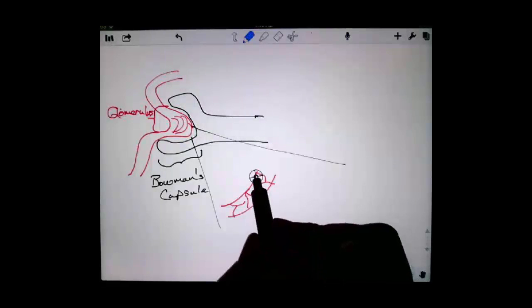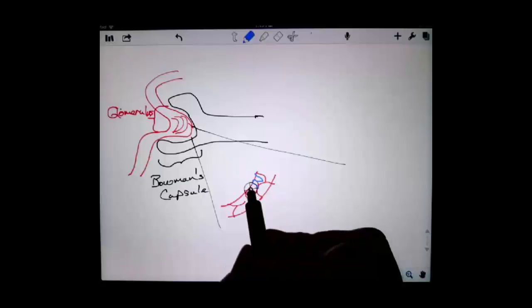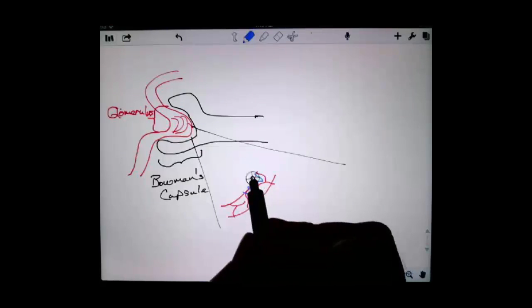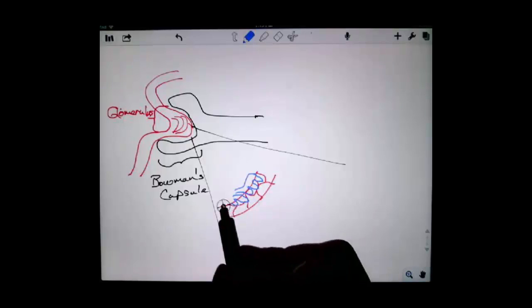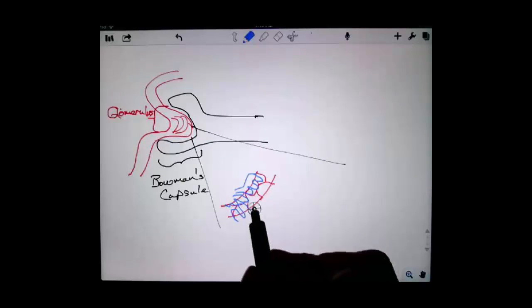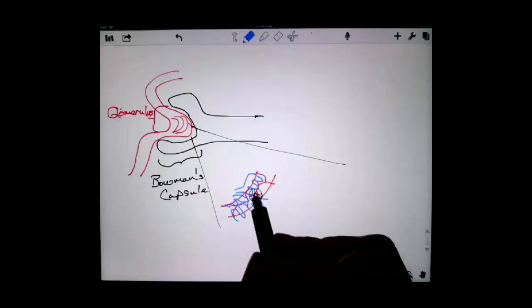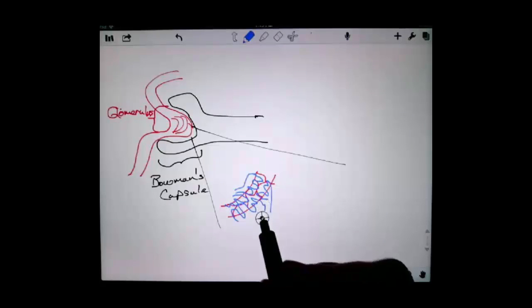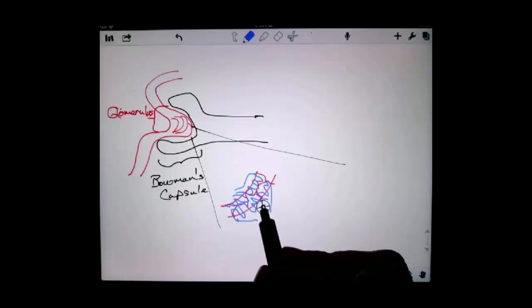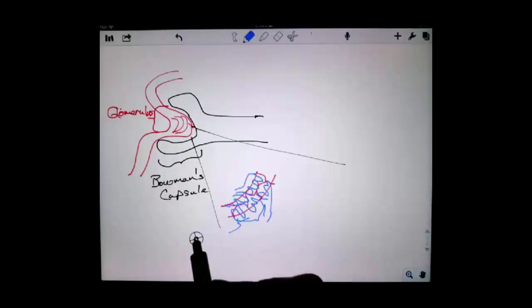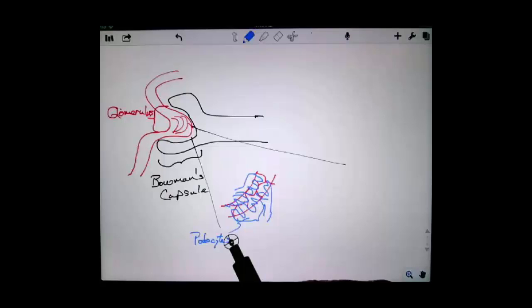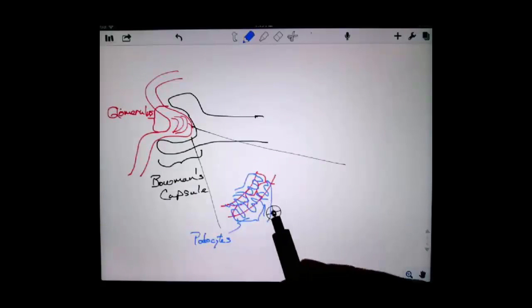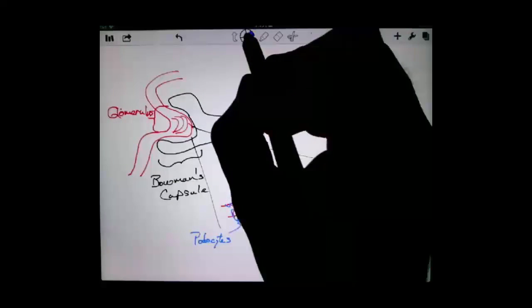And wrapped around them would be these finger-like projections coming from cells that provide some structural support and help to filter. So these are called podocytes, foot processes, or cells with what look like feet. And if you think of your interlaced fingers over a tube, that's what they would be like.